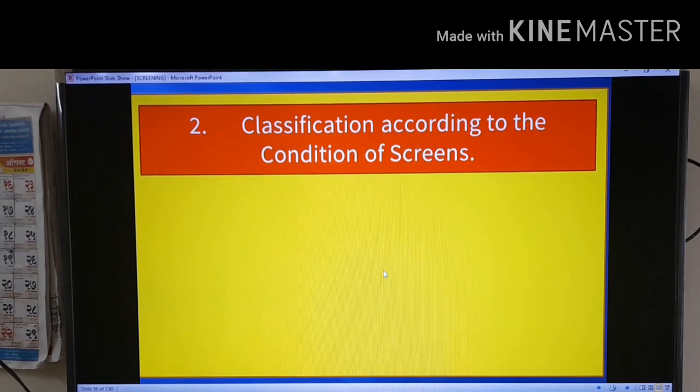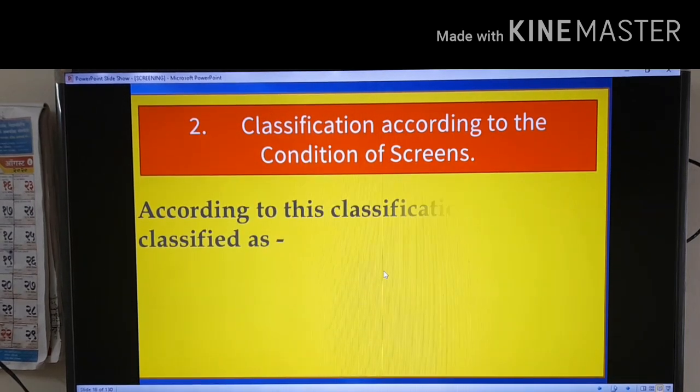Second, classification according to the condition of screens. Let us see.